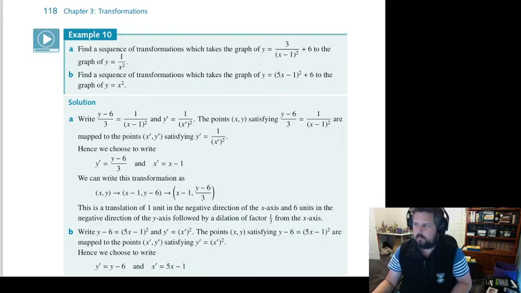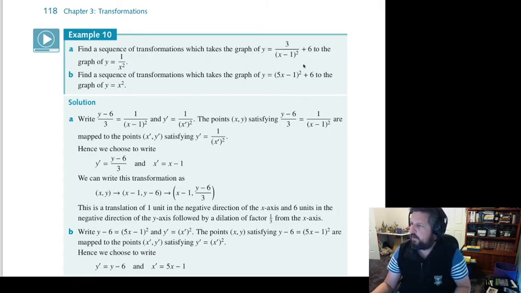Alright, looking at worked example number 10. In this particular case, it's now asking us to find the sequence of transformations which takes one particular graph back to another type of graph. So there's a process that's involved here for this to happen. So here we've got the equation.